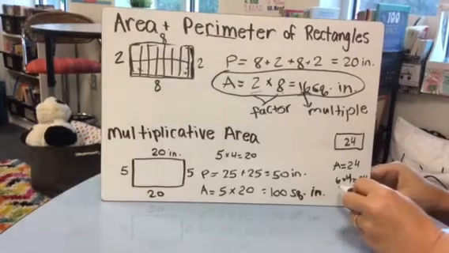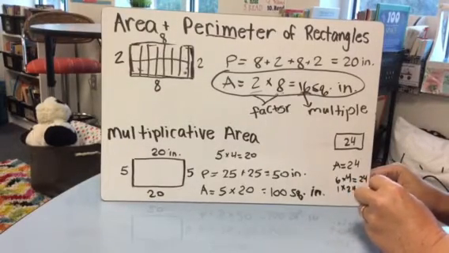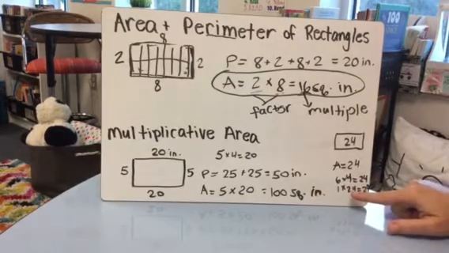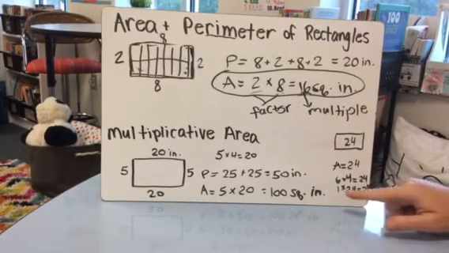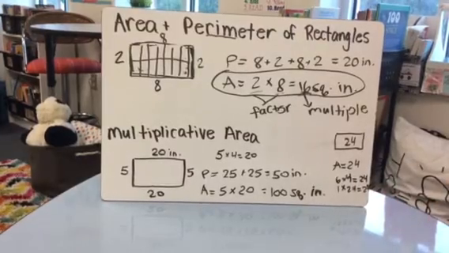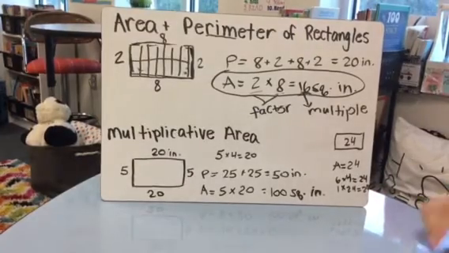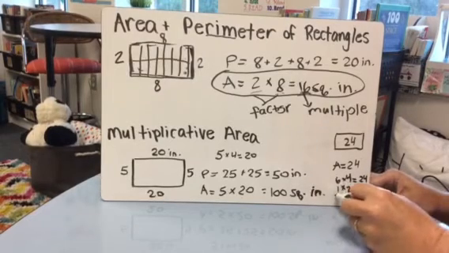What if I try 1 times 24 makes 24. Now I have to think. Is 24 6 times 1? Is 1 times 6 24? No, that's not 6 times bigger. That's 24 times bigger. What's another way to make 24? 2 times 12. Let's try that one.